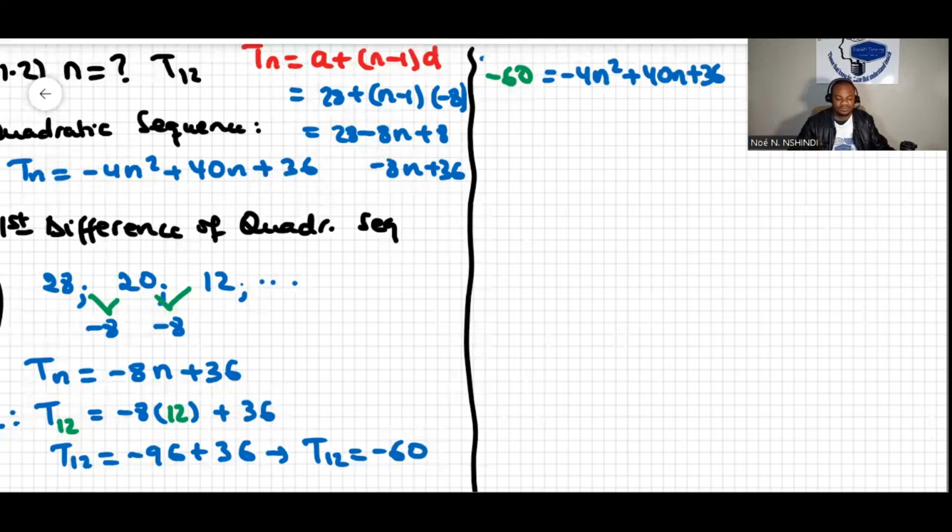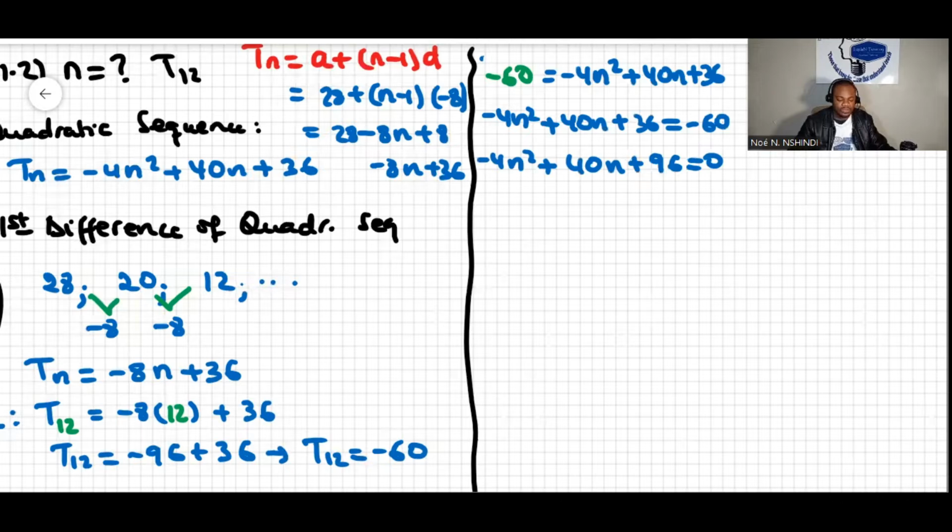So -4n squared plus 40n plus 36 equals -60. If I move the -60 over, it becomes +60. So 36 plus 60 makes 96. That gives -4n squared plus 40n plus 96 equals 0.